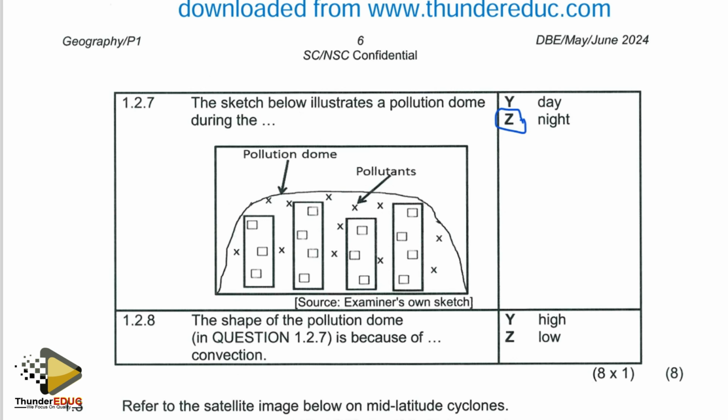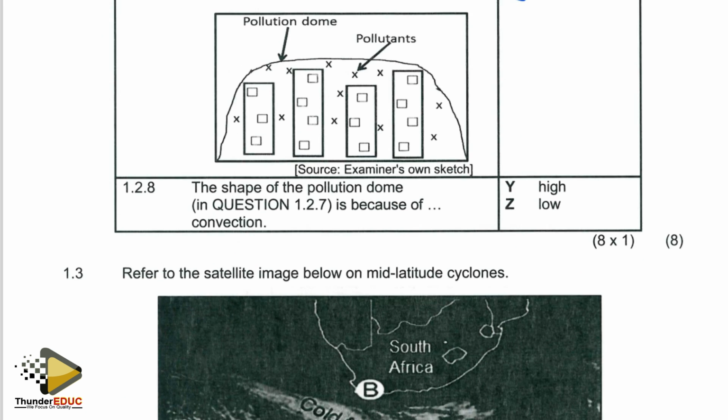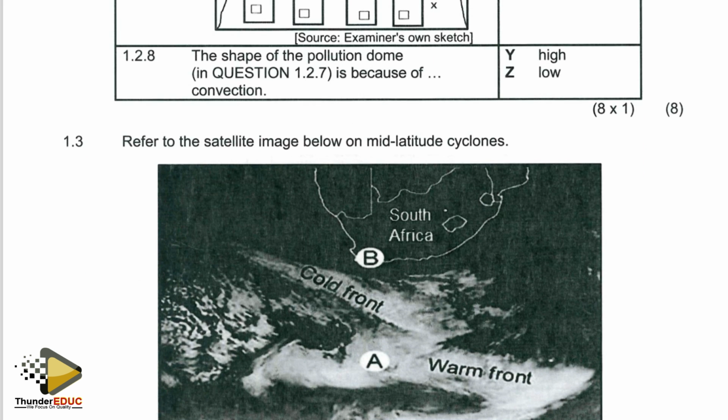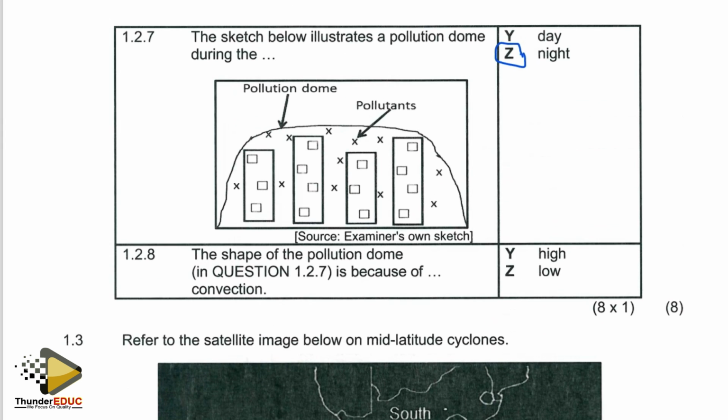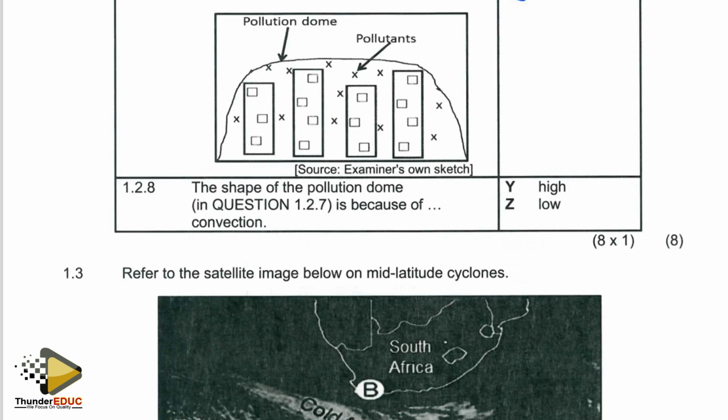It's a night situation. Right, we move on to the last question on that section, which is number 1.2.8. The type of pollution dome in question 1.2.7 is because of what causes that in relation to convection. Convection is low.